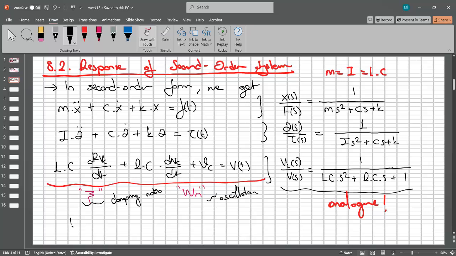And so Wn in mechanical systems is the square root of K divided by M. Wn is equal to the square root of g divided by L for a pendulum, or Wn is equal to 1 divided by the square root of LC. Right? See? These are identical. And so if we define any system with these parameters, we can always define anything based on this information. Right? Okay.